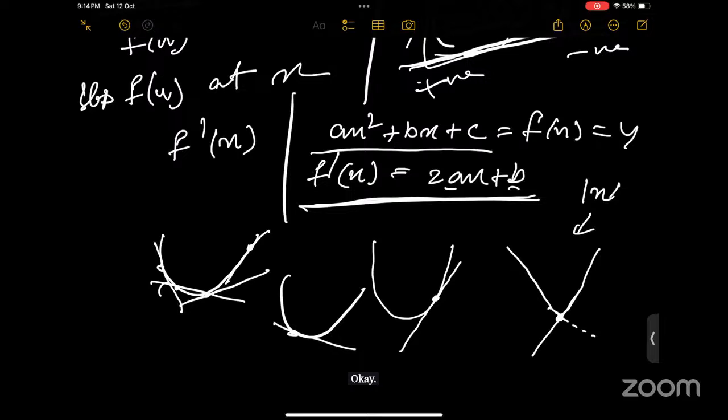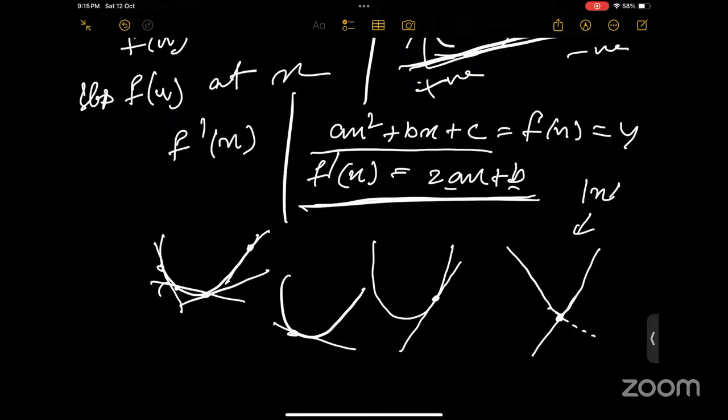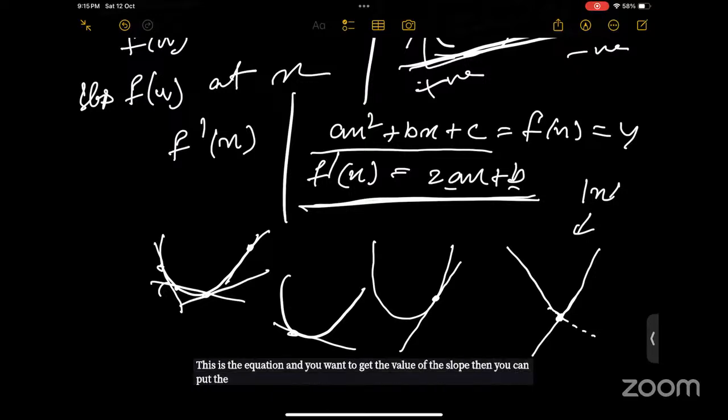The quantity, actually, not the equation. The equation is something general. So this is the equation, and if you want to get the value of the slope, then you can put the value of x.